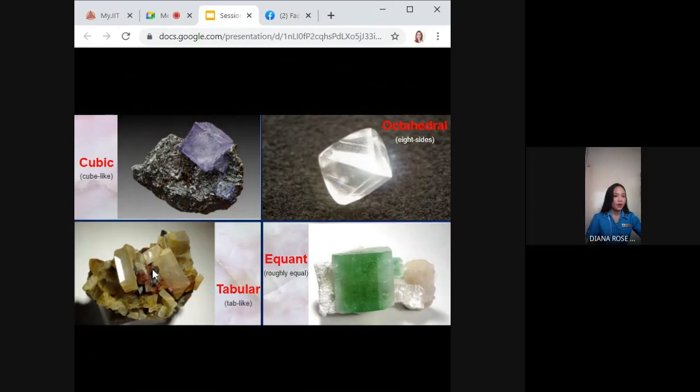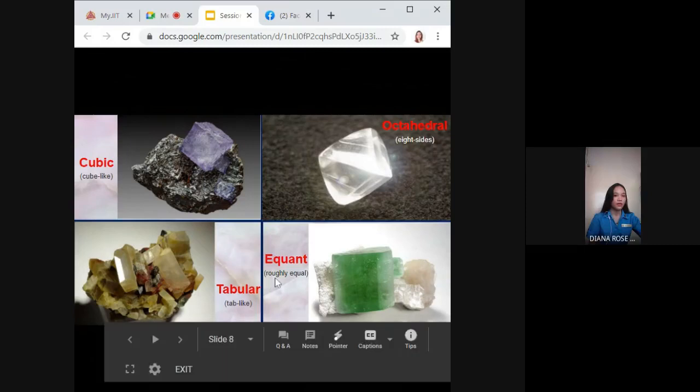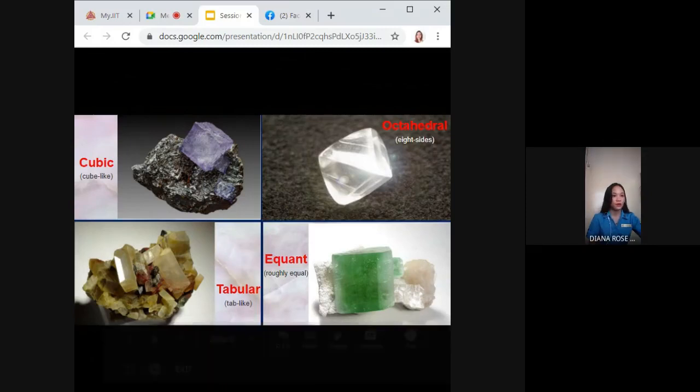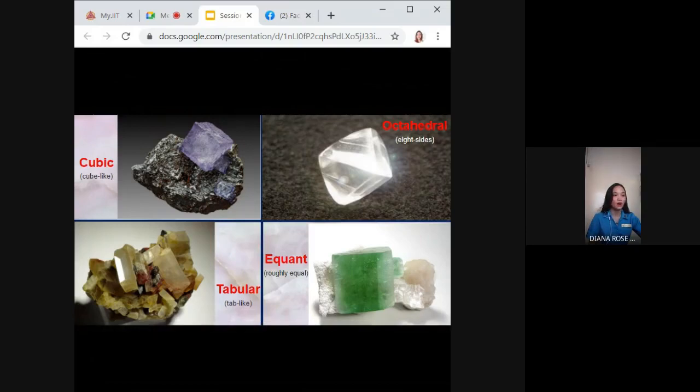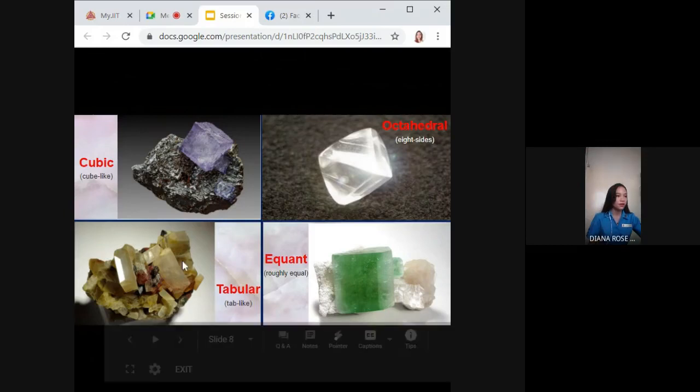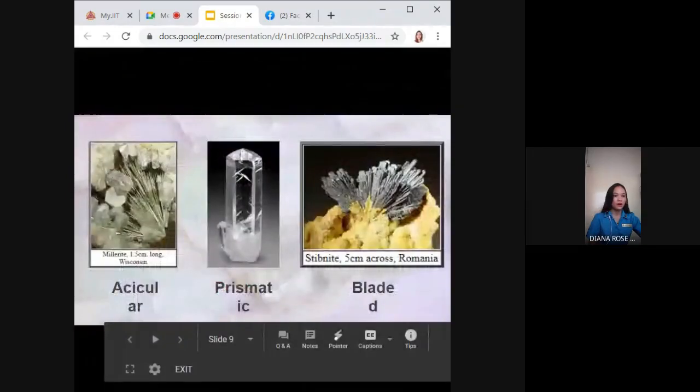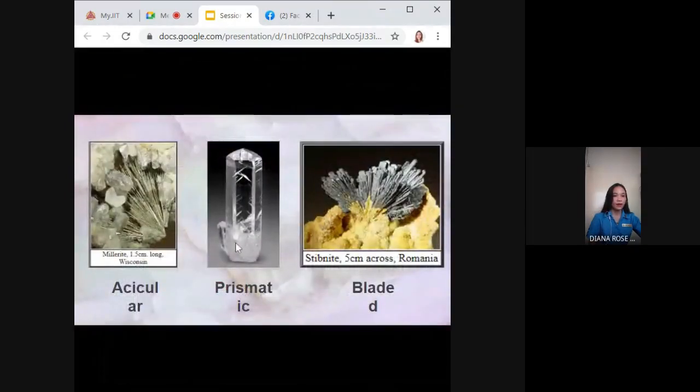And then tabular or tub-like, which is a rectangular shape, and equant, a term used to describe minerals that have all of their boundaries of approximately equal length. And then we also have the acicular, which is a long, slender crystal, and then prismatic, or an abundance of prism faces. And then we also have bladed, which is like a wedge or knife blade.